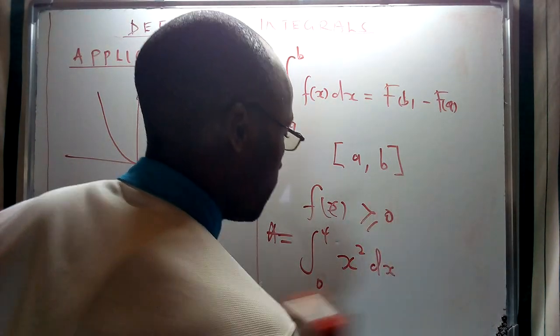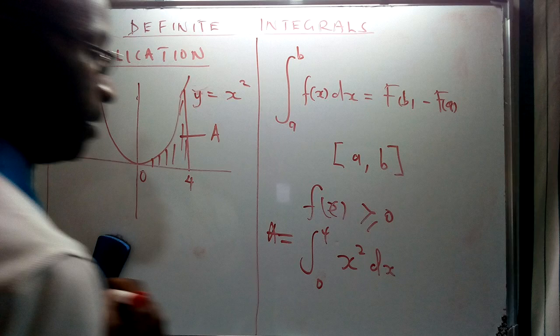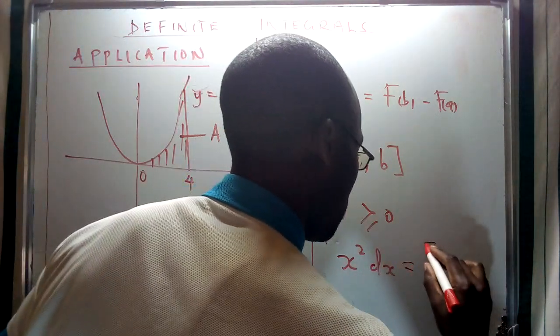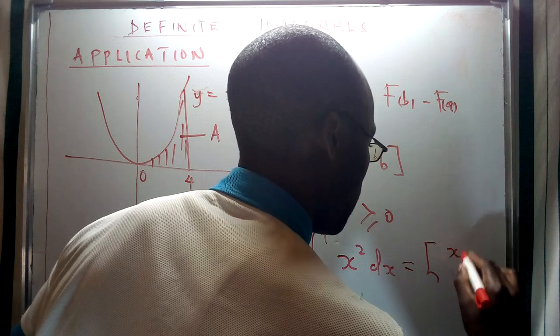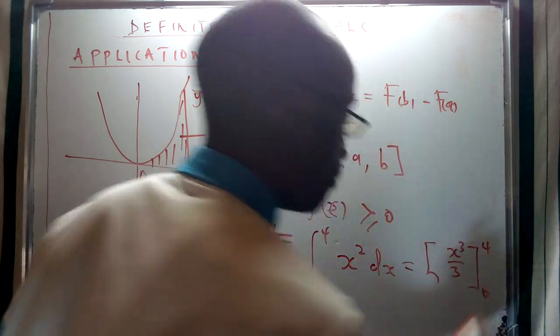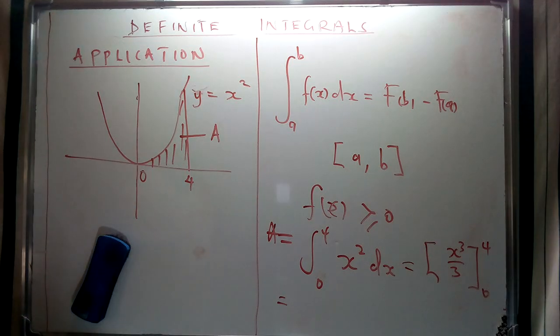This is going to be x cubed over 3 from the limits of 0 to 4. So this is going to be evaluated.